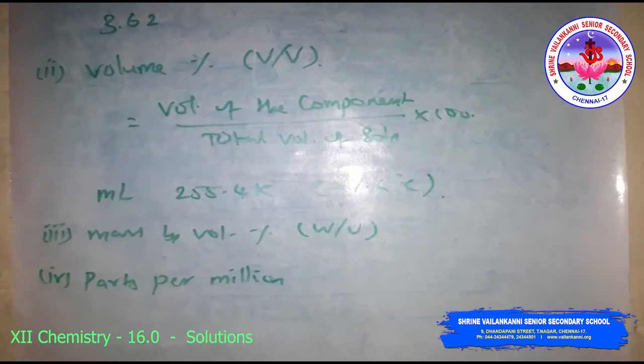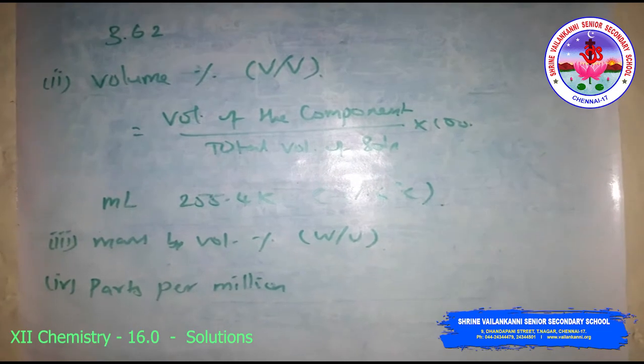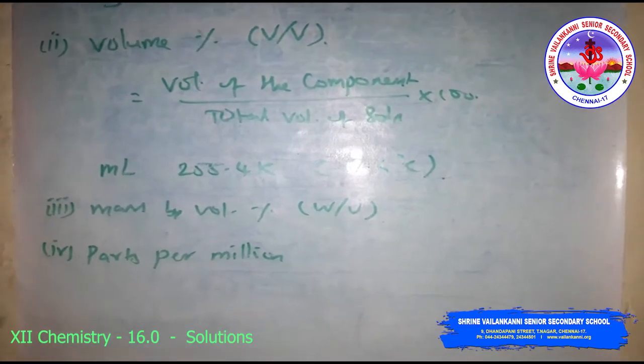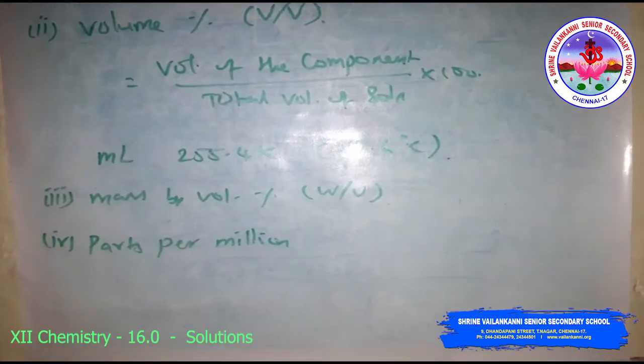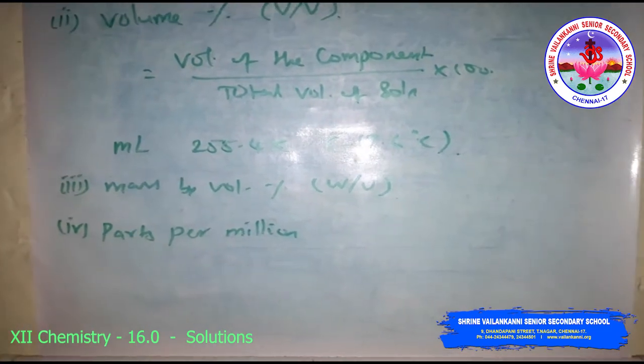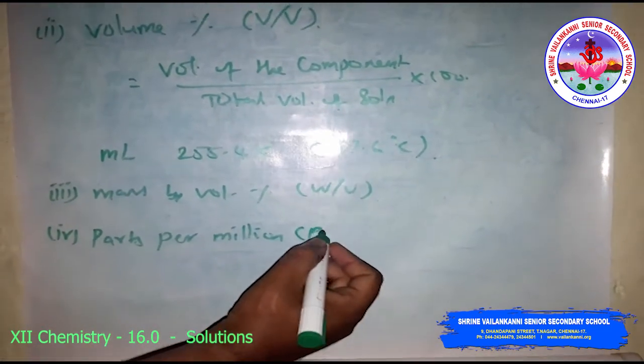Then fourth is parts per million. When a solute is present in trace quantities, it is convenient to express the concentration in parts per million. Simply we can call it ppm.